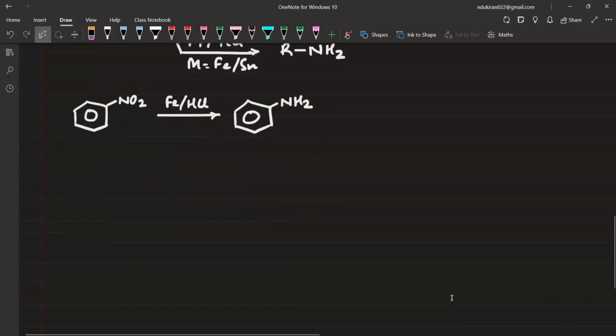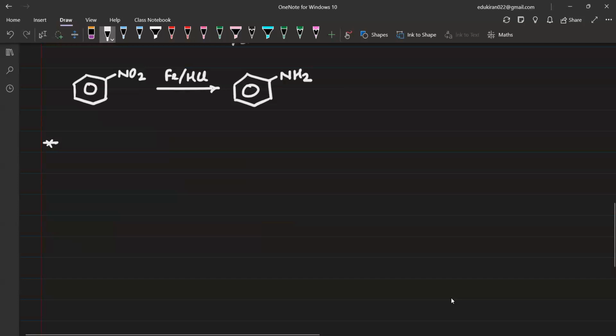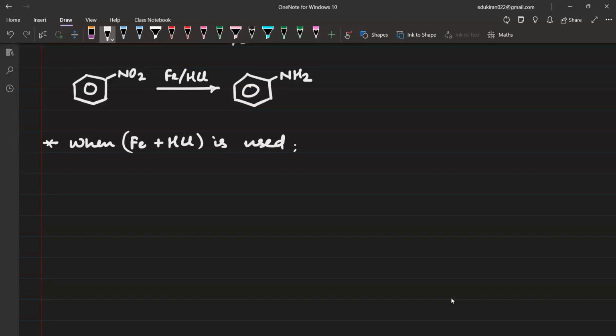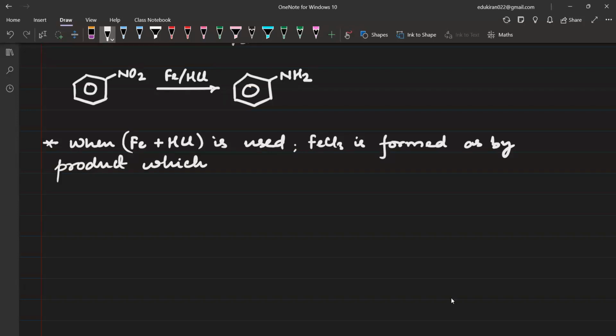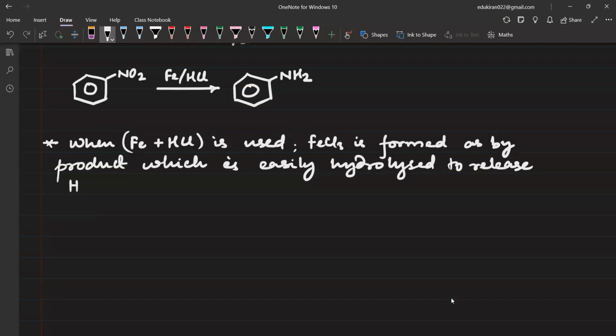Now, right here, first note. When Fe plus HCl is used, FeCl3 is formed as a byproduct, which is easily hydrolyzed to release HCl gas.